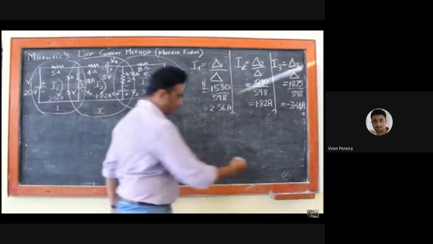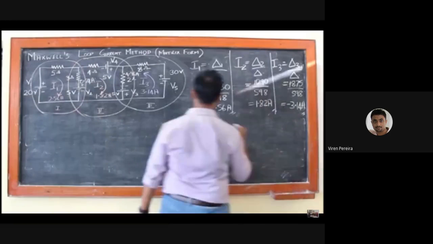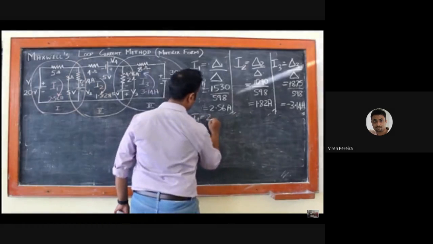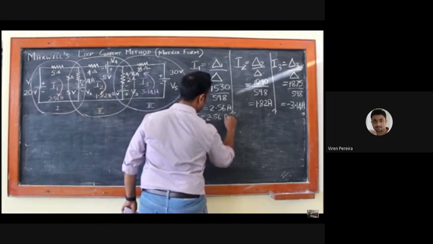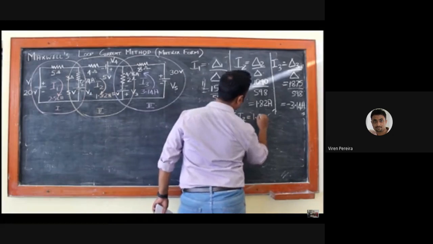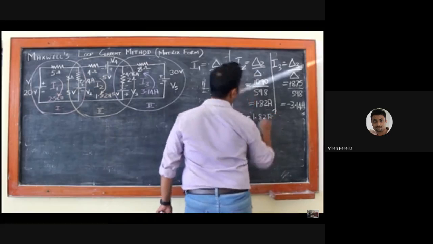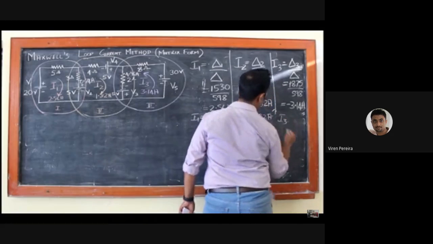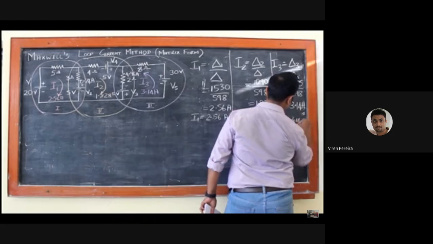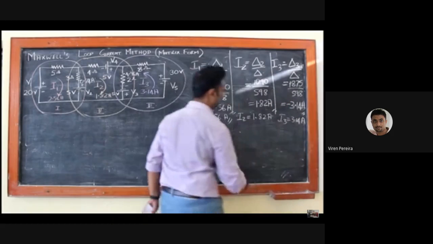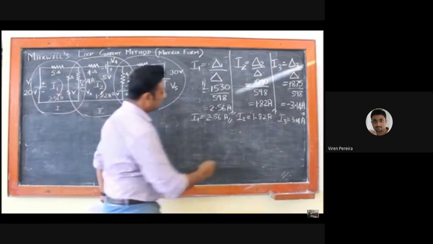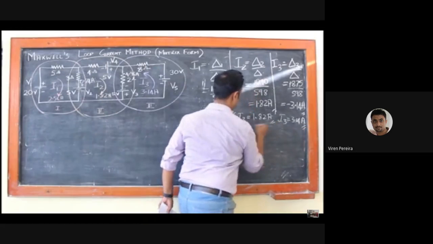Now my currents will hence be I1 equals 2.56, my I2 equals 1.82, and now my updated value of I3 will give me 3.14 amps, which is positive in nature because I have already changed the direction in my figure. So this will be my updated values.